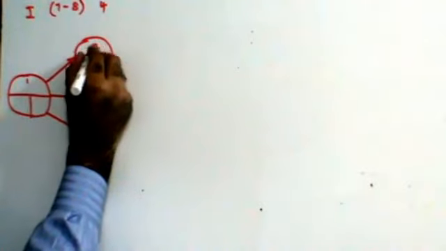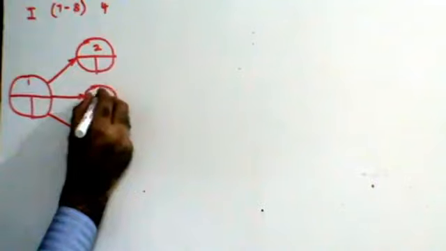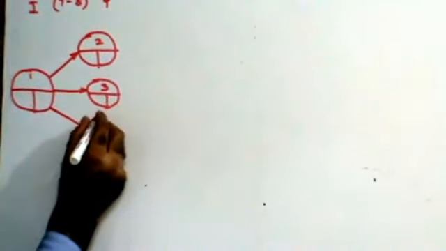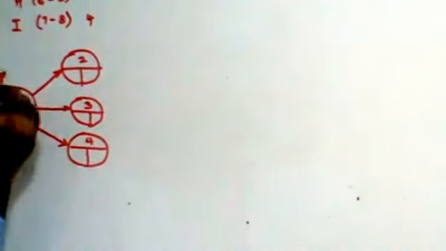This is activity A, which is 3 days. This is activity B, which is 4 days. This is activity C, which is 6 days.